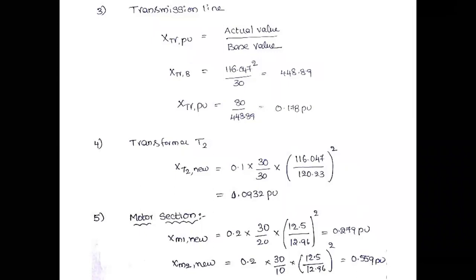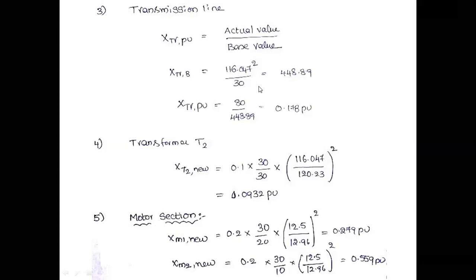Actual value is equal to 80, that is what he has given. Now you are going to determine the base value. For the transmission line, please do remember that you are going to consider the old value, KV base old. I think you will have the secondary transformer ratings here. These are the old values. So KV base 116.047 squared divided by MVA base.